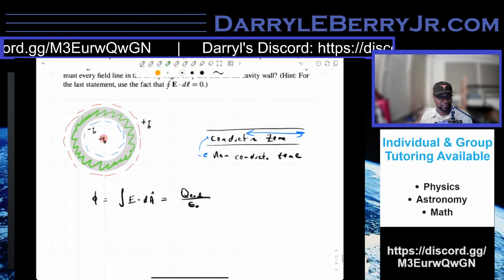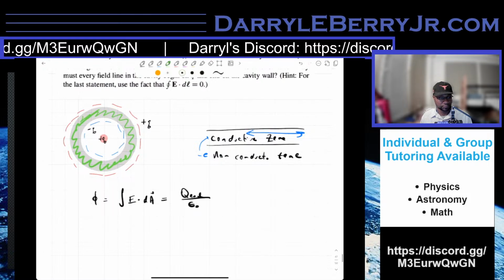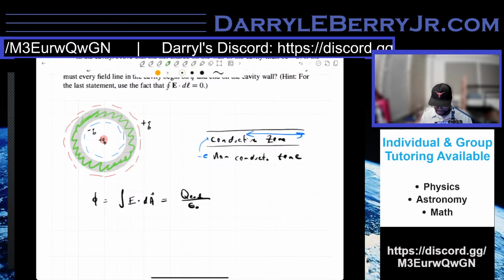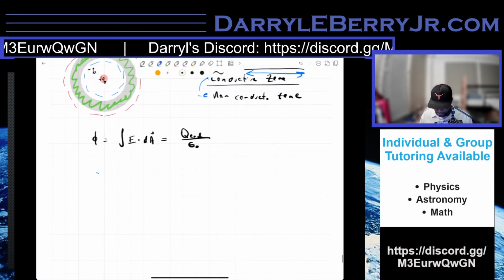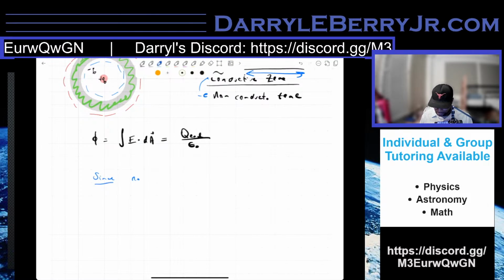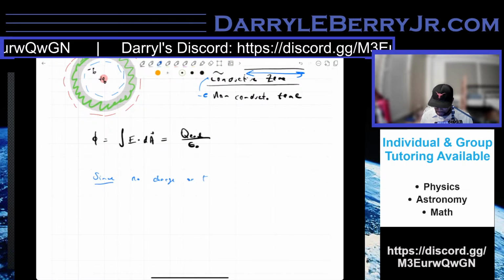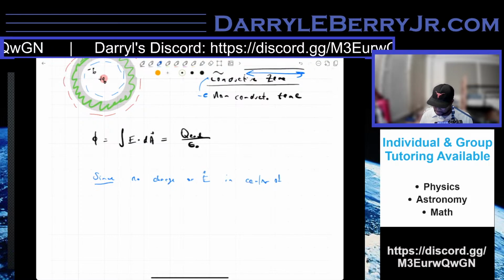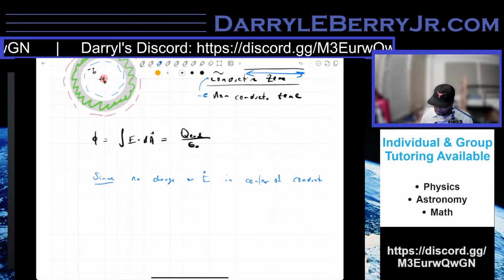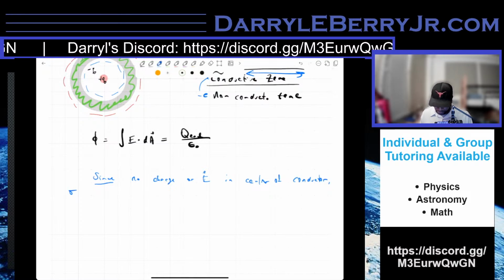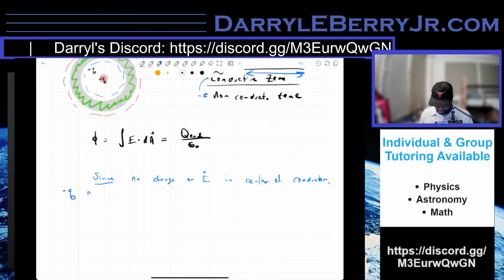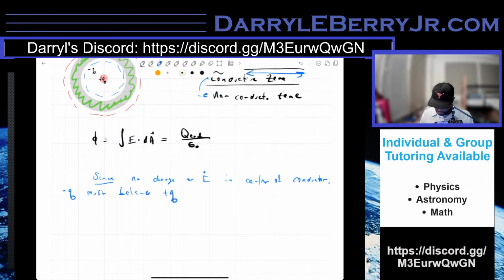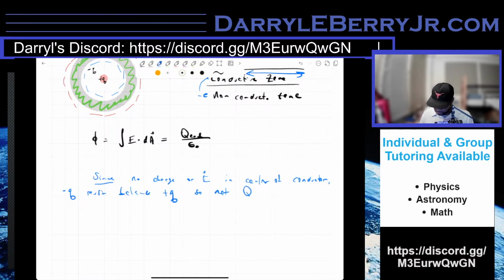You can say, since there's no charge in the inside here, hence no charge or E in the center of the conductor, negative Q must balance Q, so net Q equals zero.